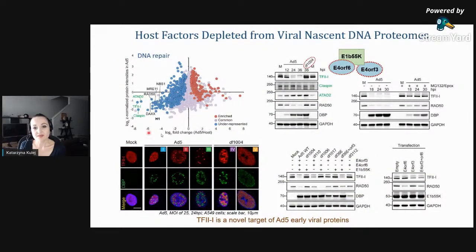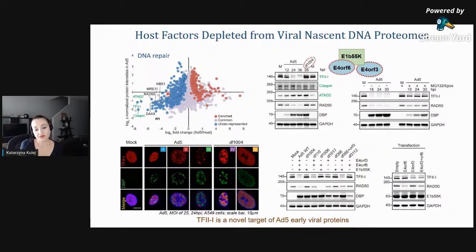On my left, I'm showing you the scatter plot, which shows the ratio between the proteins enriched on the adenovirus versus host. On the y-axis, you have the intensities of the proteins. In blue, I label the proteins which are excluded or underrepresented on the viral chromatin. In red, proteins which are more enriched. And in the middle are the proteins enriched equally or non-significant.